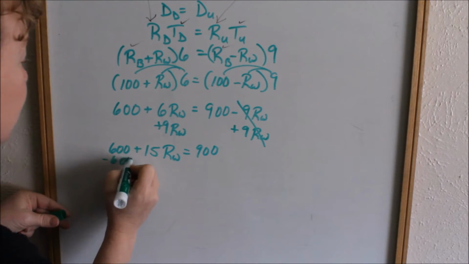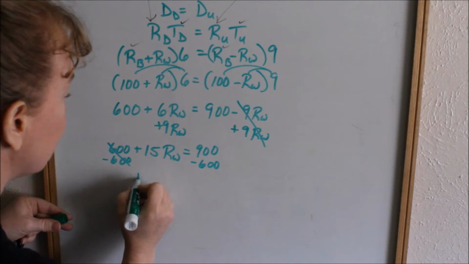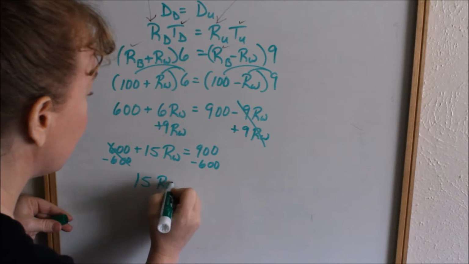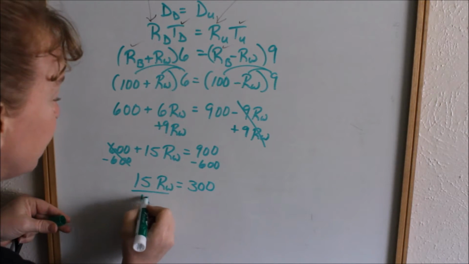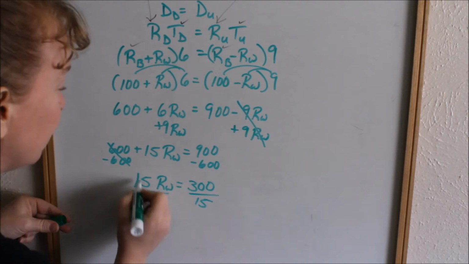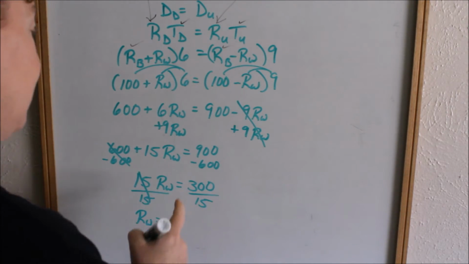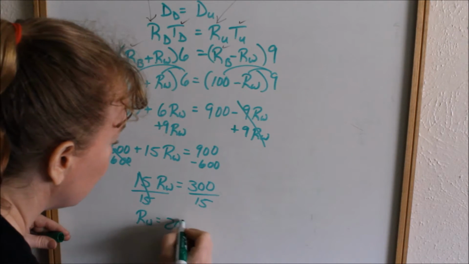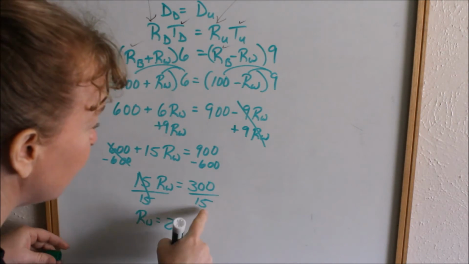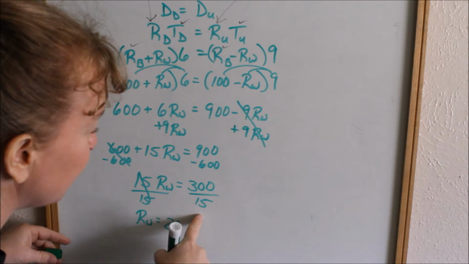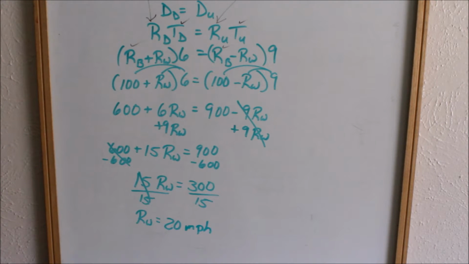So now I'm going to subtract my 600, so I can get unknowns on one side, numbers on the other side. Divide both sides by 15 so I can solve for my unknown. So the rate of the wind, 300 divided by 15, is 20. And then rate is miles per hour.